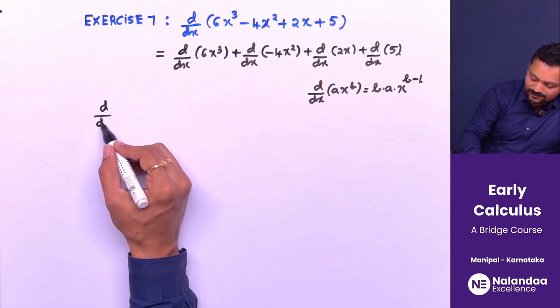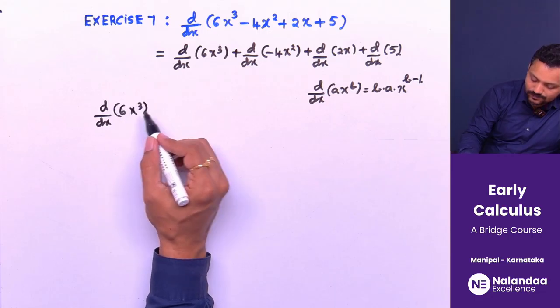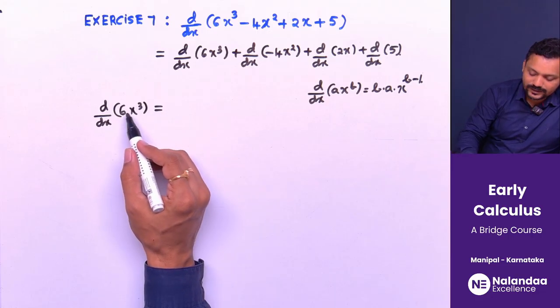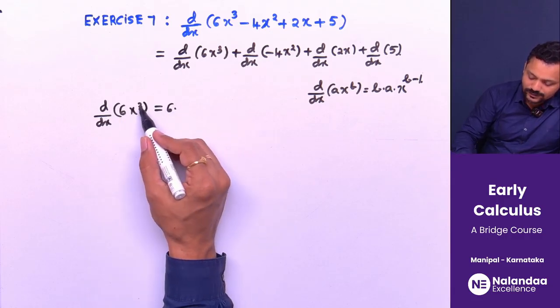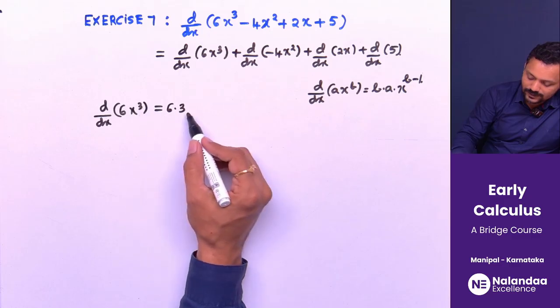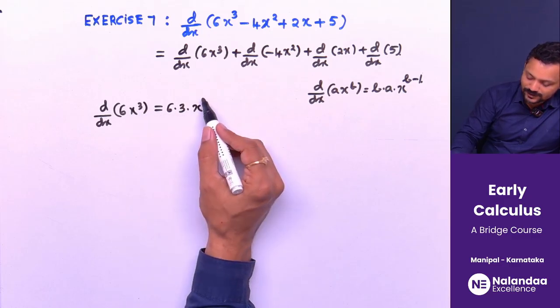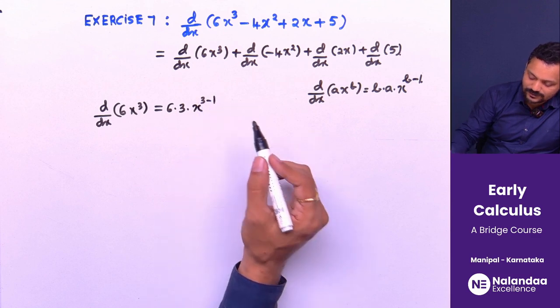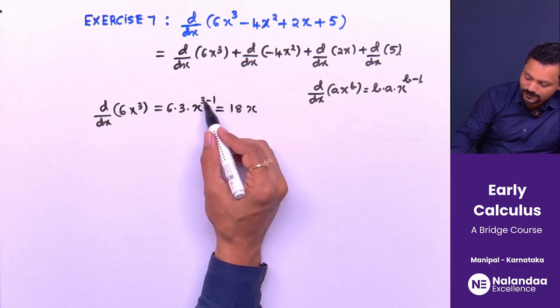D by dx of 6x cube. Now this is of the form a x power b. So we write a into the power b into x power, we will reduce this by 1, 3 minus 1. So therefore this is 18 into x power 2.